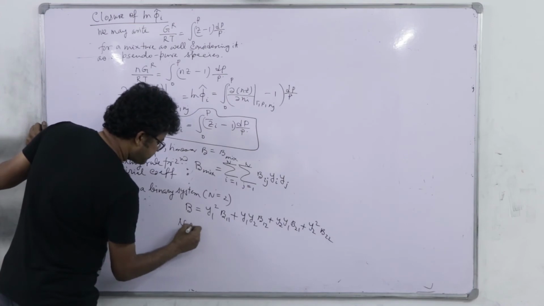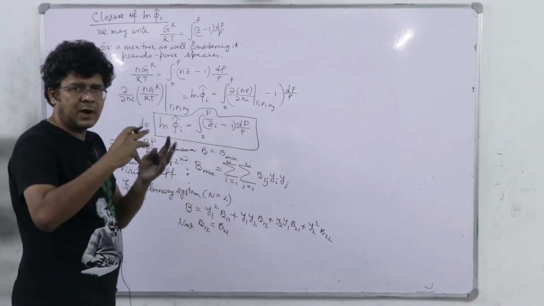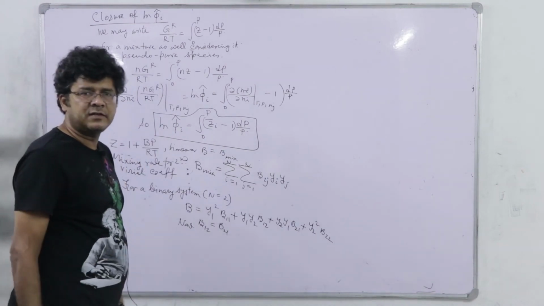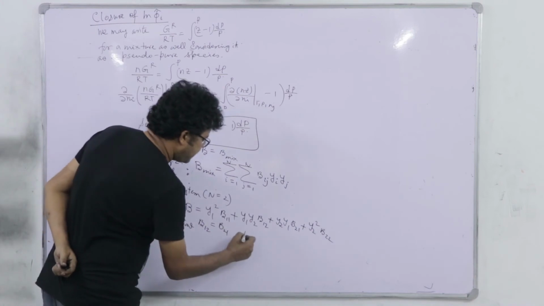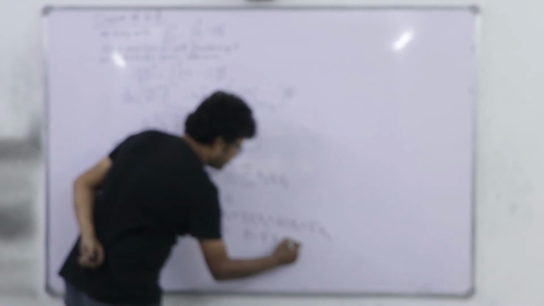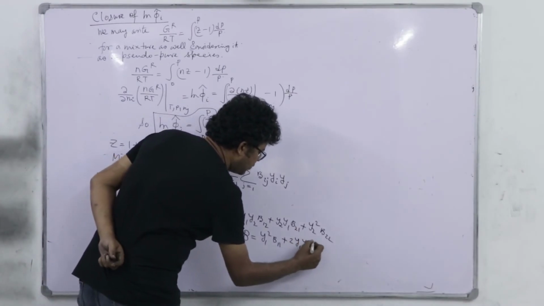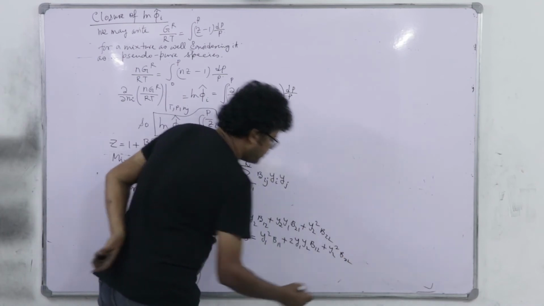Now, B12 and B21 are the same, the 1-2 interaction and the 2-1 interaction, so obviously B12 and B21 must be the same. So, B is equal to y1 square B11 plus 2 y1 y2 B12 plus y2 square B22.